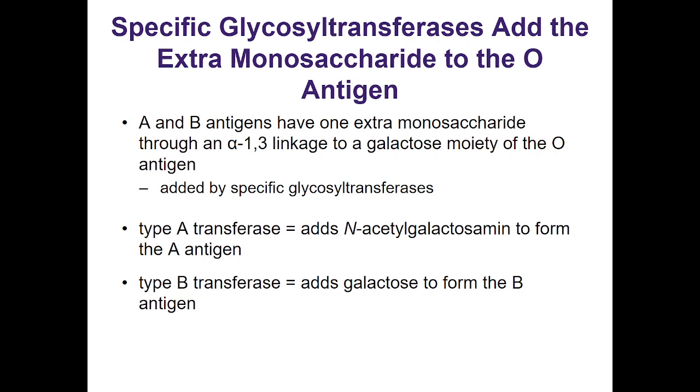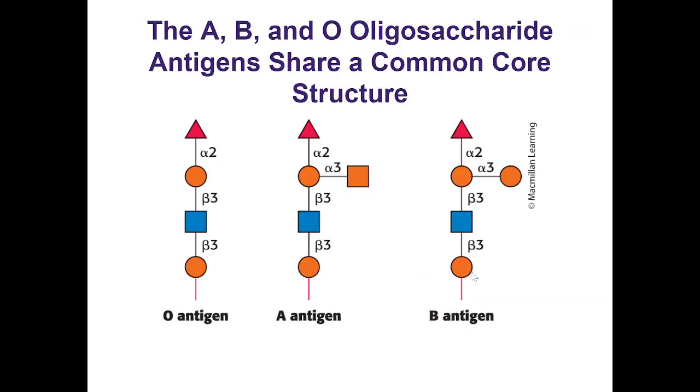The type A transferase is going to add the N-acetylgalactosamine. This is going to be what forms our A antigen. The type B transferase is going to add galactose. This will form our B antigen. And remember, O antigen is the core. It's the one that gets derived from. And this is what it looks like right here.